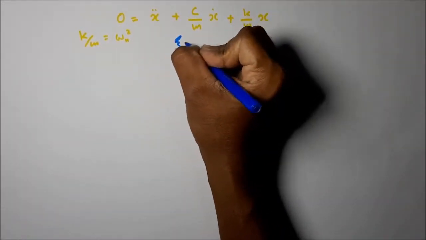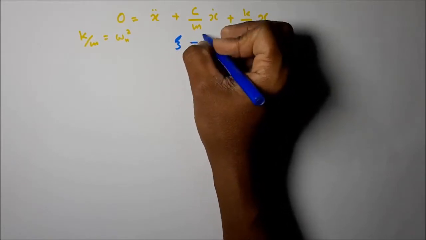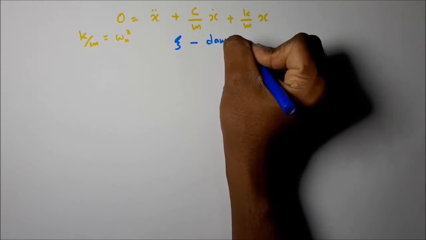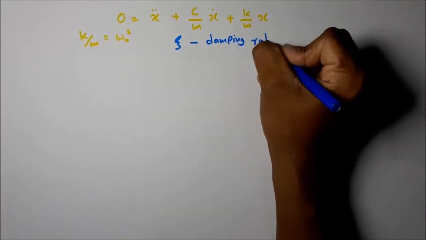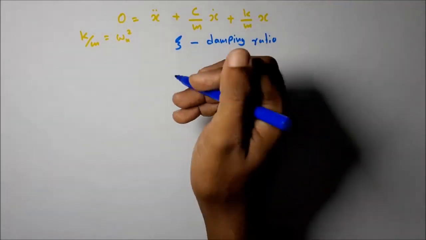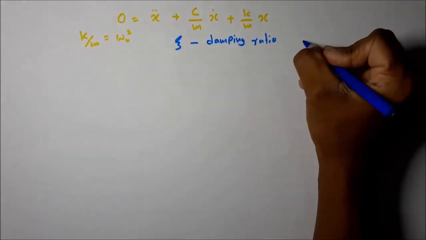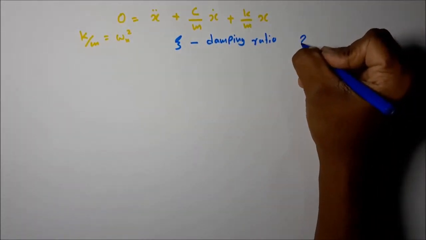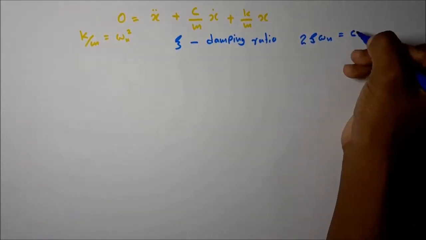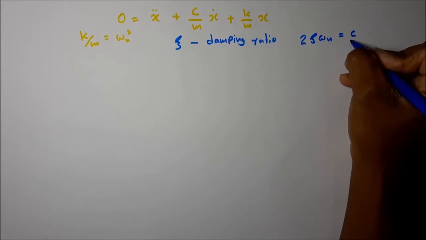This is a new parameter called the damping ratio. This new parameter is defined as 2 theta omega n equals c divided by m.